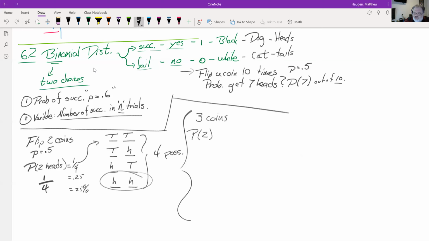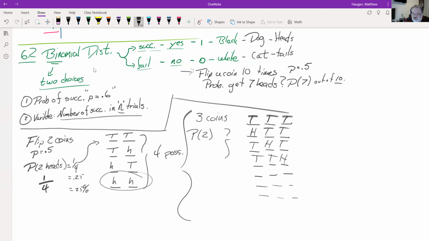Well, if we wanted to do it with 3 coins, we would have to write out every possible way that we can get, or every possible outcome with flipping 3 coins. So it could be tails, tails, tails. It could be heads, tails, tails. It can be tails, heads, tails. It can be tails, tails, heads. There's a bunch of them. We'd have to write out all of them.